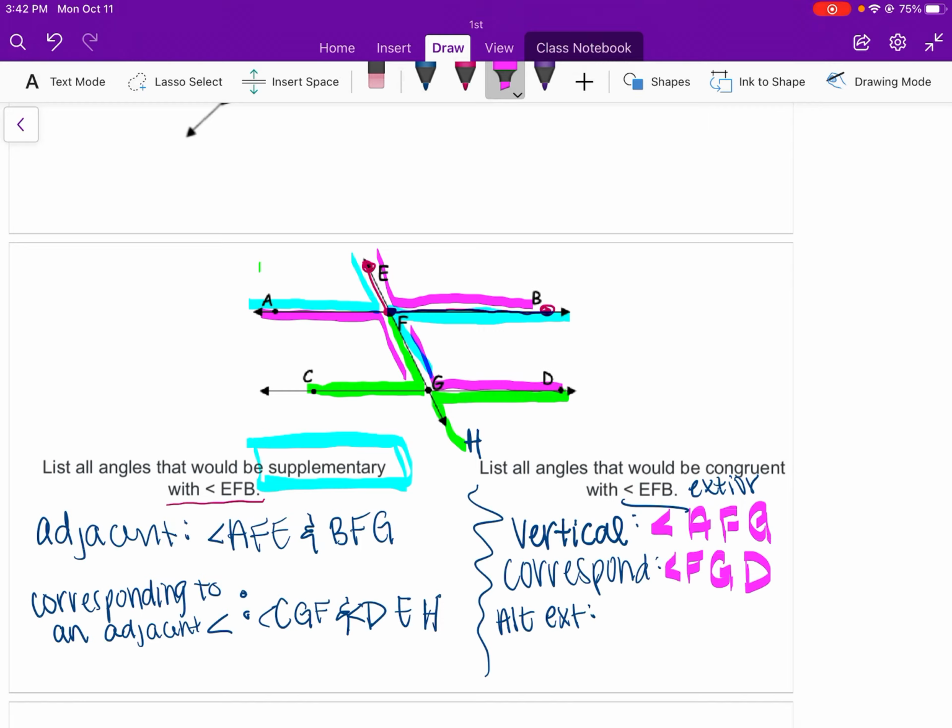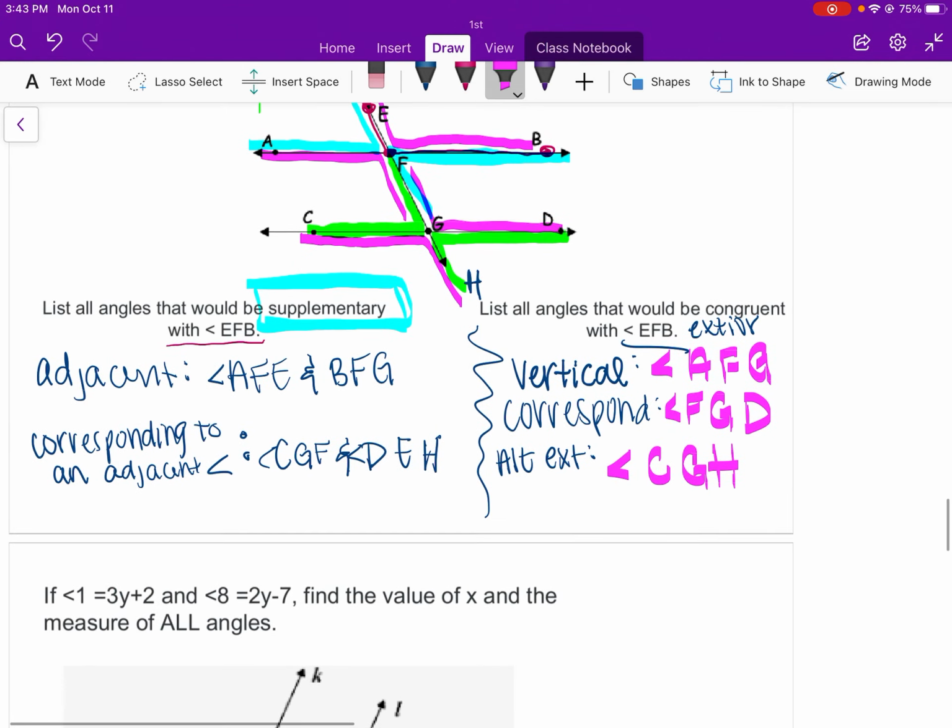And its alternate exterior is CGH. Once again, key thing here is understanding the vocabulary.